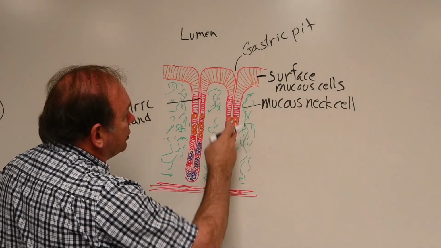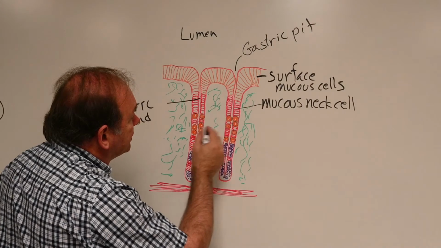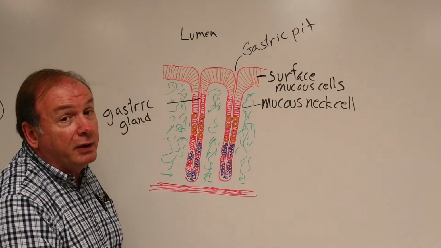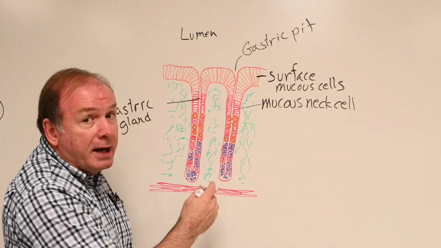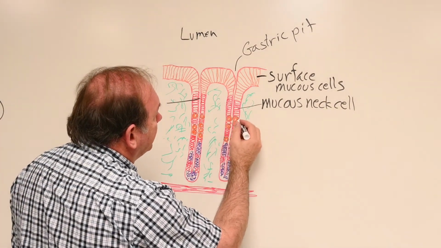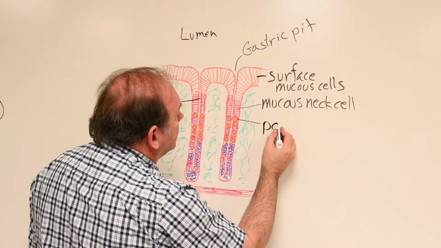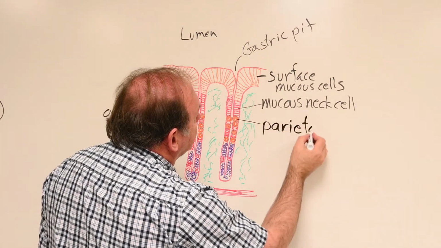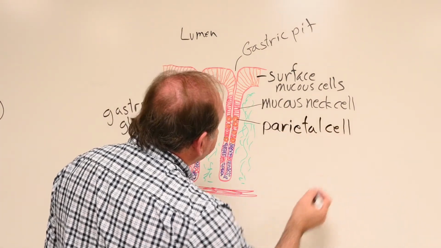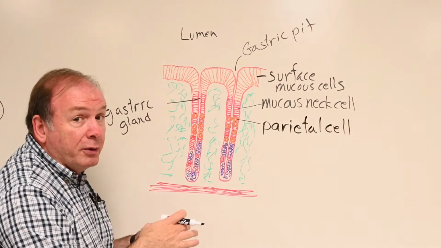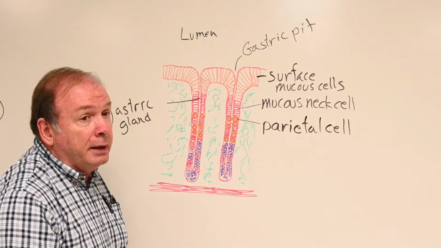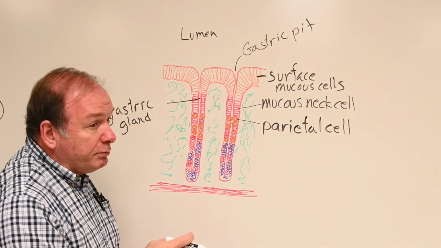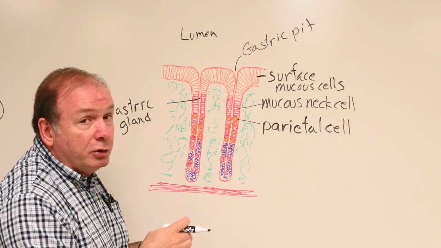The gland continues on down through here, and mucous neck cells can be interspersed with other cell types as we move down through the gland. The next cell type we encounter is a parietal cell. They are larger, rounder cells in the epithelial lining, and they have a fairly nice large round nucleus and often 2 nuclei per cell.